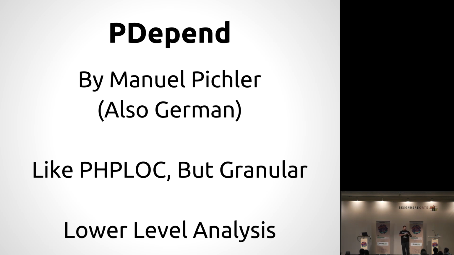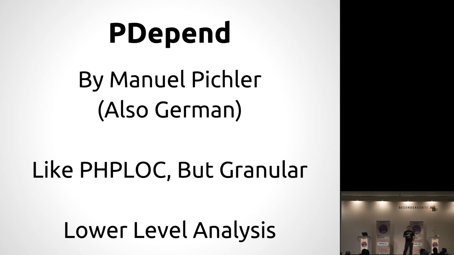Where PHP LOC gives us one snapshot of the whole application, pdepend will generate an XML file, which breaks out on a per method basis every single one of those metrics. So we can now process and track complex methods and say, hey, this particular method today is really complex. Tomorrow, did it get better? So now we can track with PHP LOC at the project level. With pdepend, we can look at package level, class level, method level.